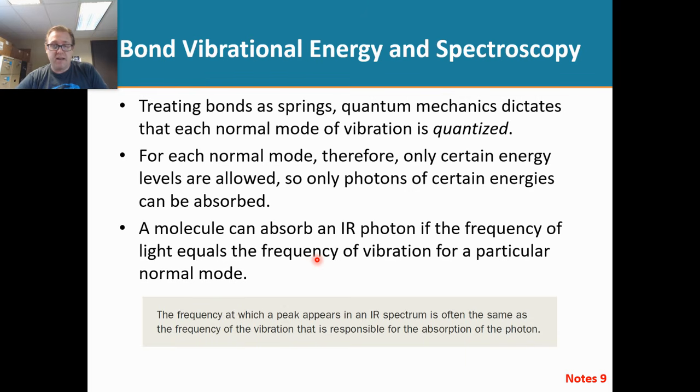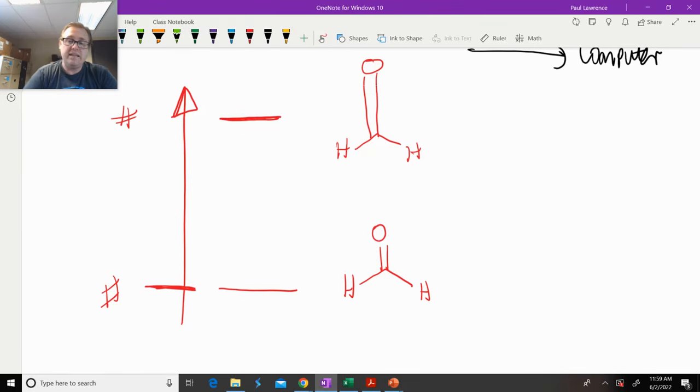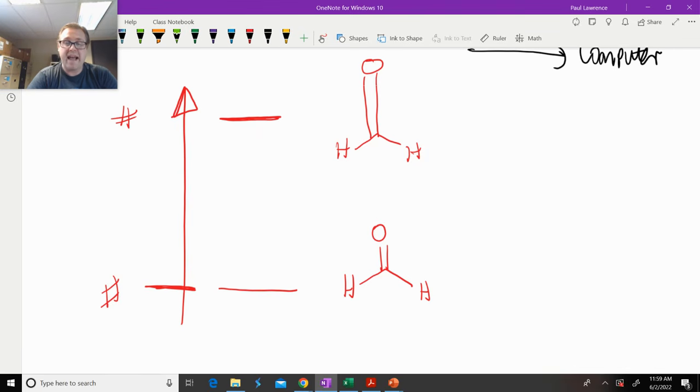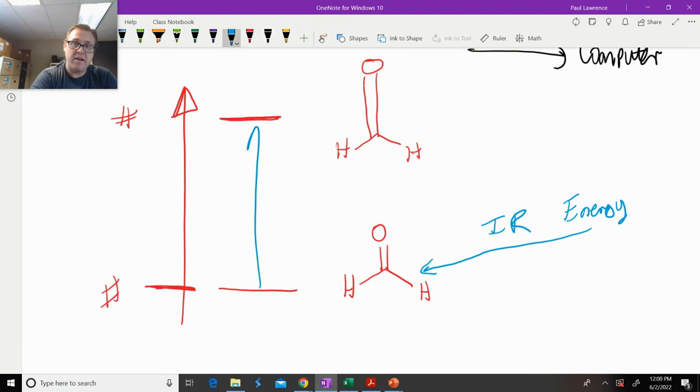So what that's talking about is that if we want to go from this vibrational mode to this vibrational mode and energy is quantized, we have to zap this molecule or this vibrational mode with IR radiation. And this IR radiation, its energy has to match this energy gap perfectly.